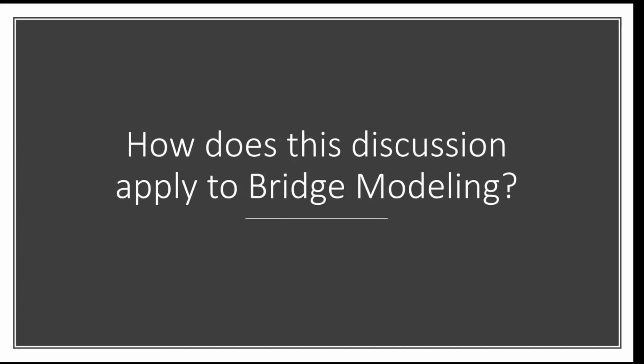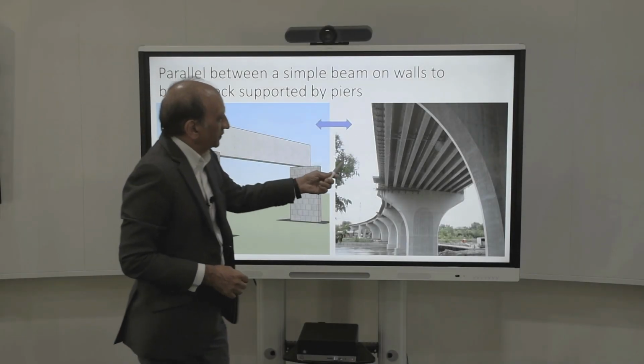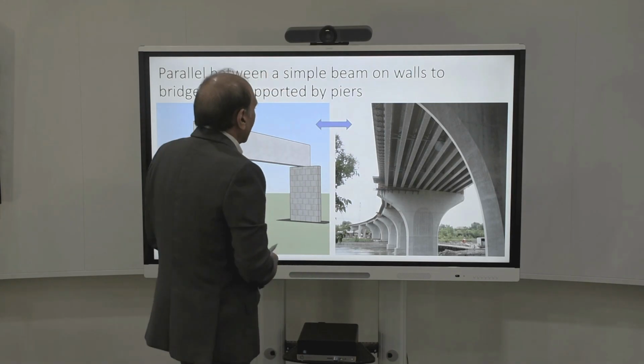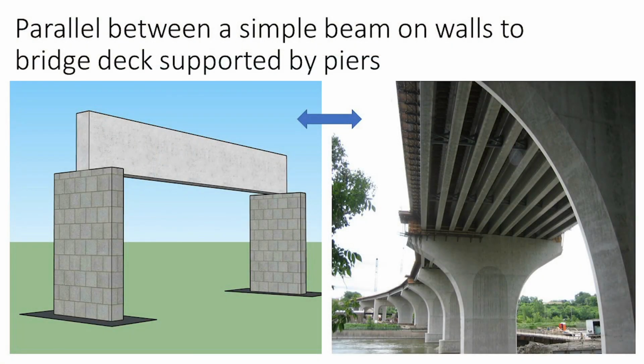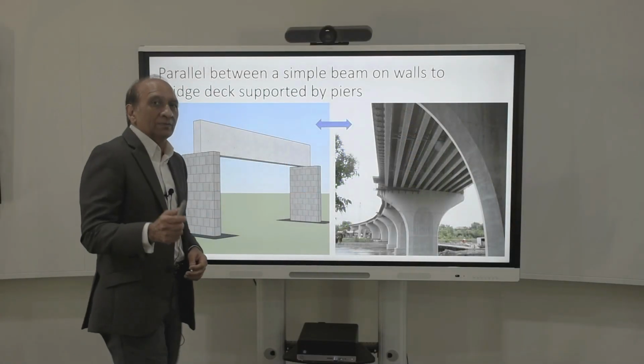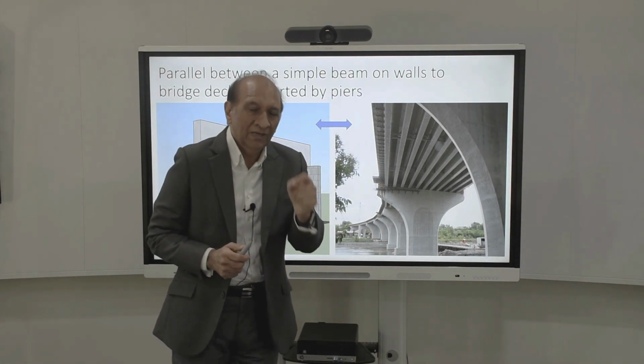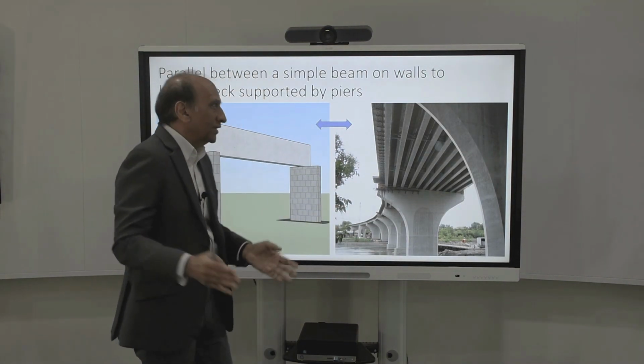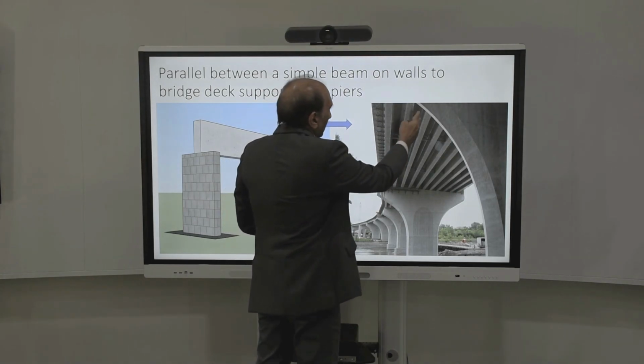How does it apply to bridge modeling? So if you look at a simple bridge, on the right-hand side, it is basically beam girders rested on a pier, which is quite similar to the problem that we started with. So all the problems that we faced in a beam resting on walls are actually applicable to a bridge girder resting on pier.